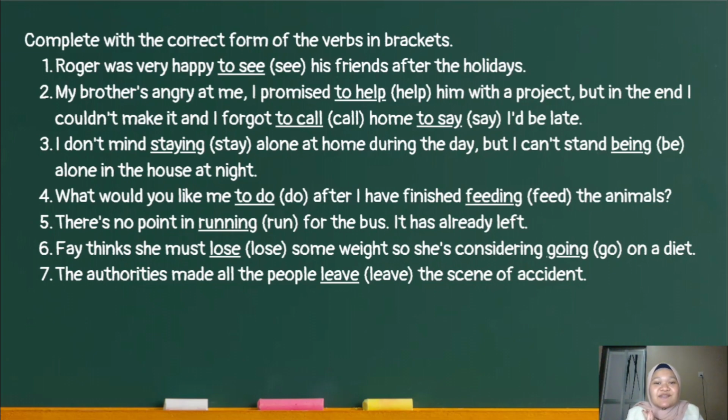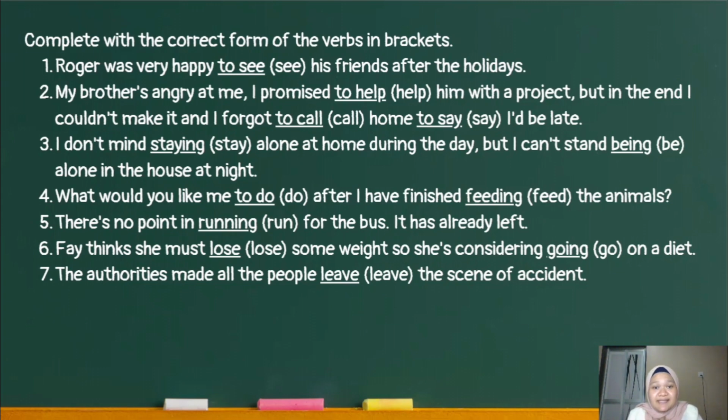Correct, it is gerund. Okay, what is bare infinitive? Bare infinitive is the word without the particle to. As an example, the word leave. So that is the bare infinitive.